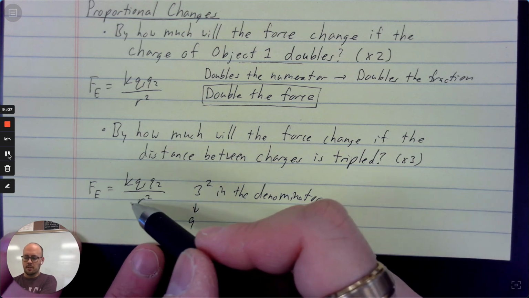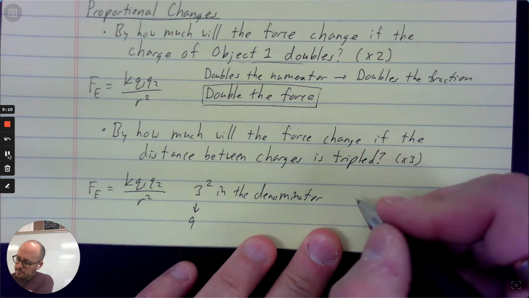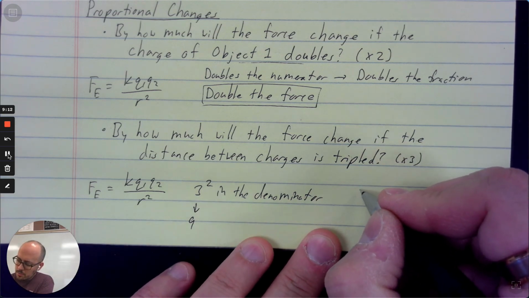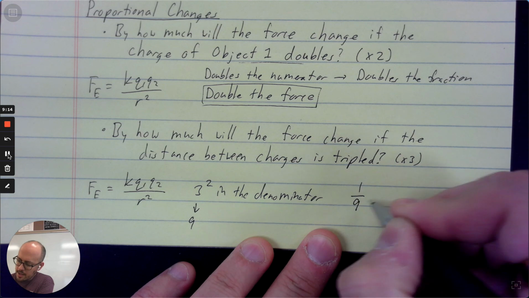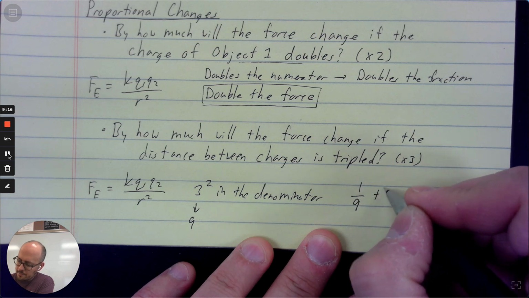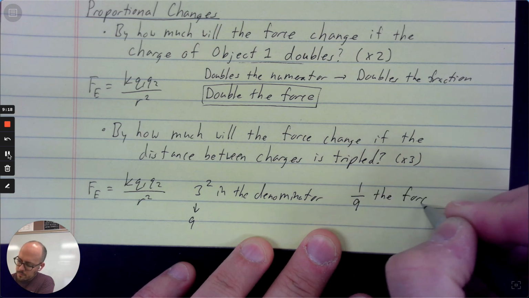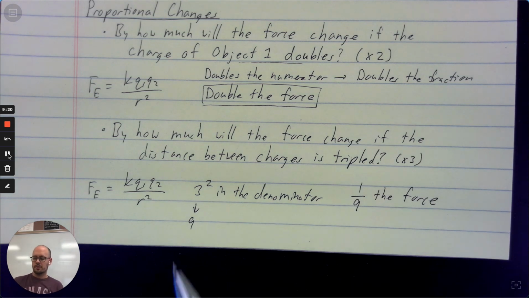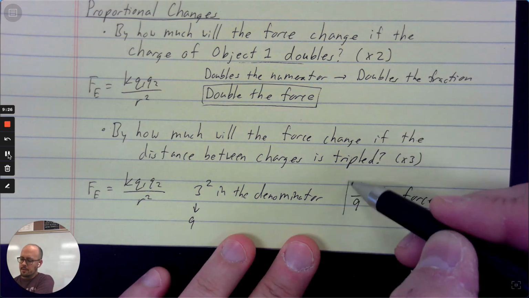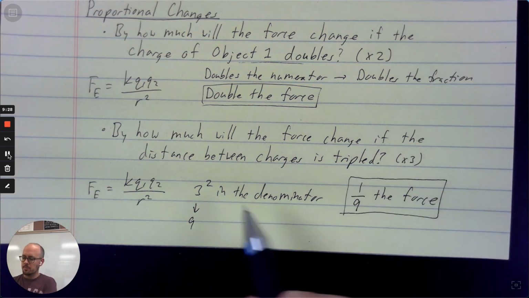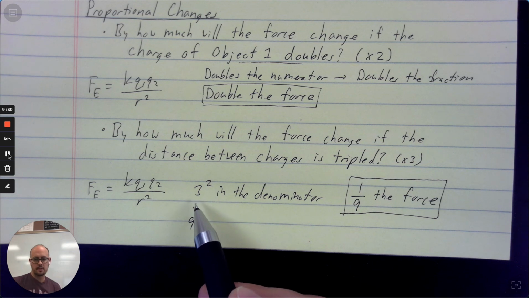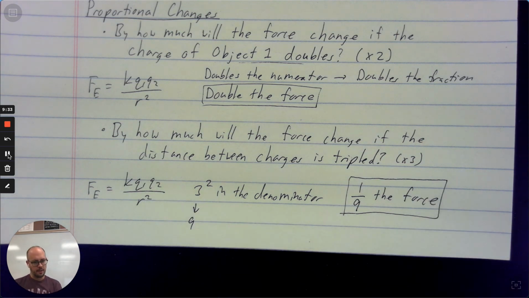When you make the denominator 9 times bigger, you are making the force 9 times smaller. And so making the distance triple will make the force 1/9 of what it was. Tripling the distance will divide the force by a factor of 9.